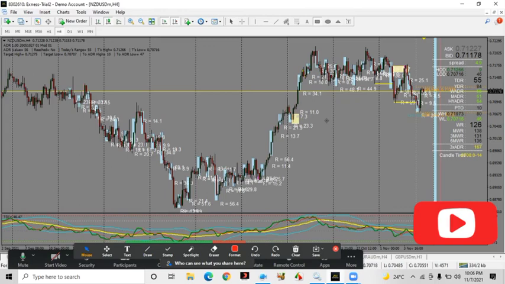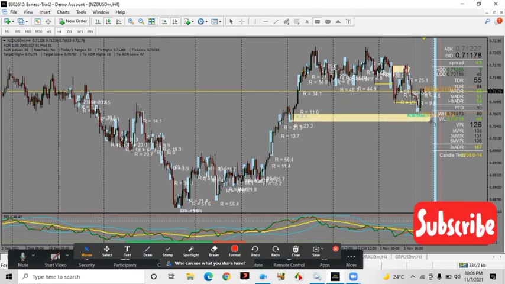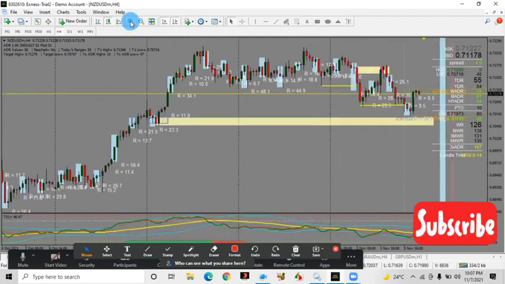This last red candle here, right? It has not even got into it. You're not using the entire candle, it's the entire candle.